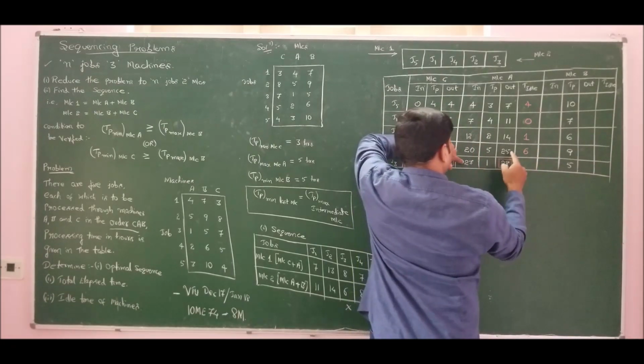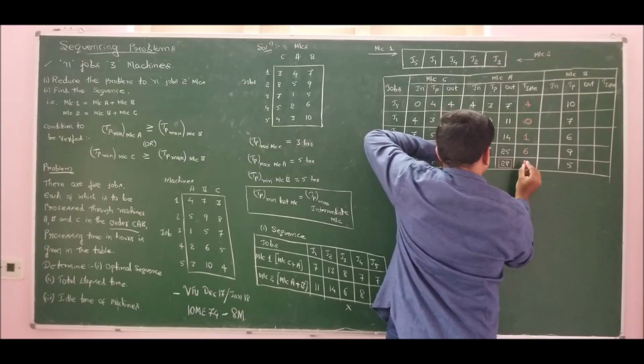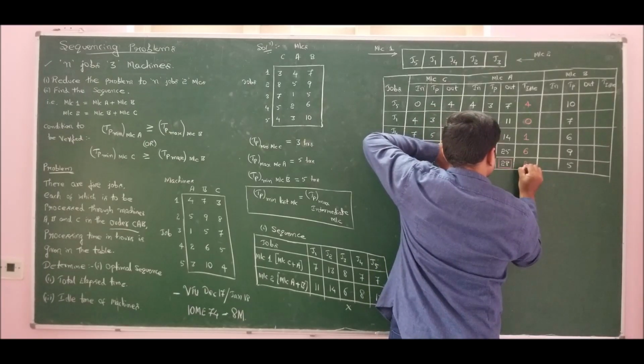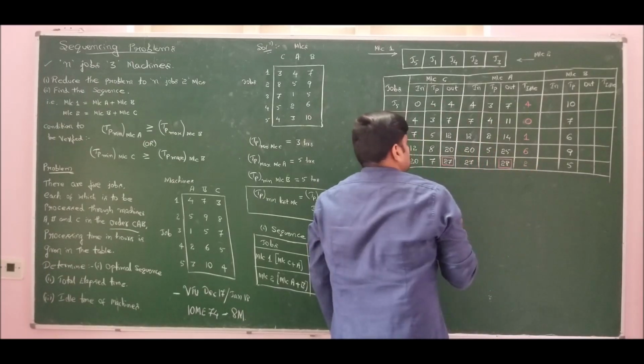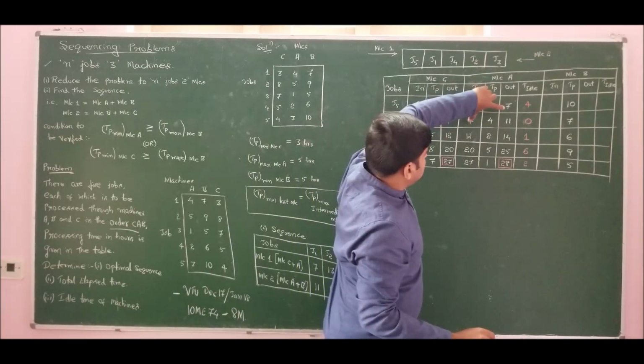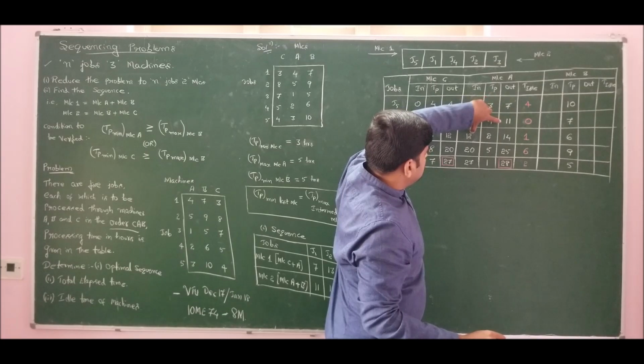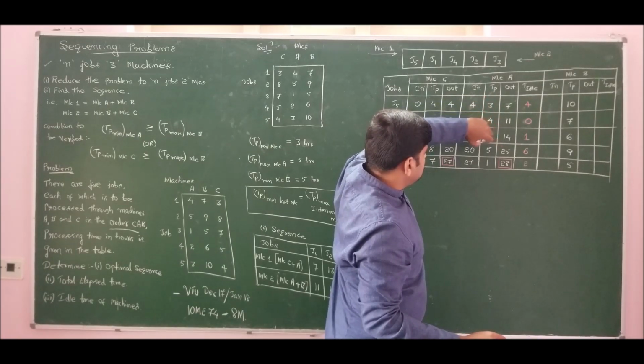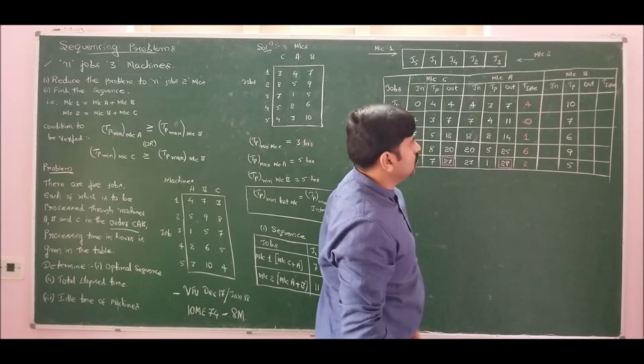Next we have 27 and 25. 27 minus 25 is 2. Seven minus 7 is 0. 12 minus 11 is 1. 20 minus 14 is 6. 27 minus 25 is 2.